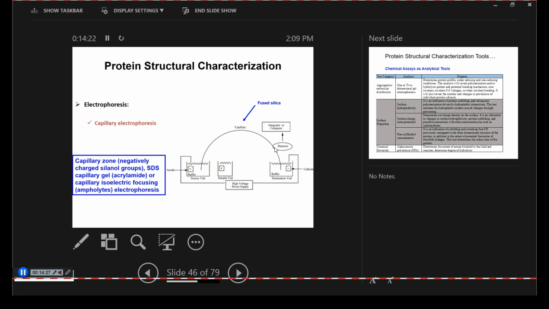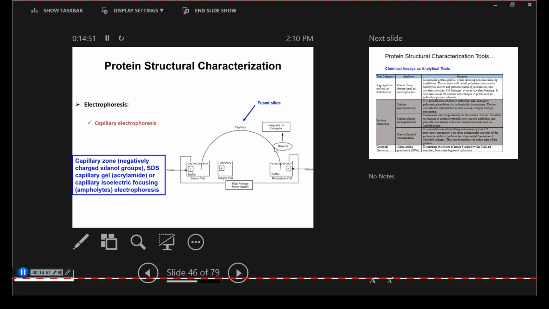So you can separate based on size by having an acrylamide gel inside a capillary tube, and then the proteins will be solubilized in SDS. So they all will carry a negative charge, and they will separate based on size. The difference here is as the protein separates, they go and be detected like an HPLC detector. So that's the beauty of a capillary electrophoresis.